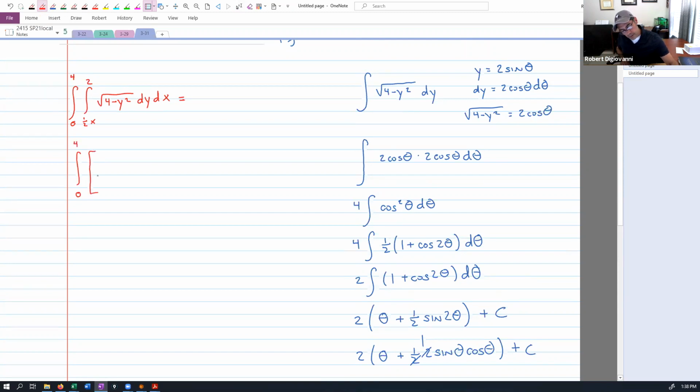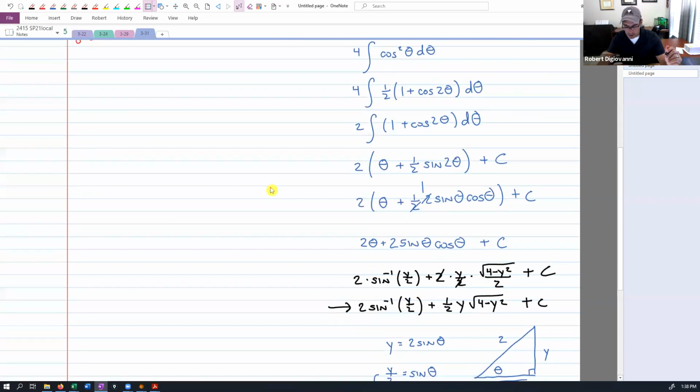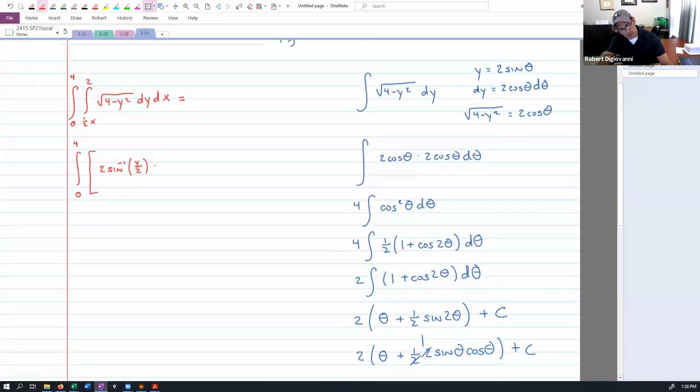The antiderivative we just found was 2 arc sine of y over 2, plus 1/2 y square root of 4 minus y squared, all of that evaluated from y equals 1/2 x to y equals 2. And then whatever we get here, we're going to integrate with respect to x.